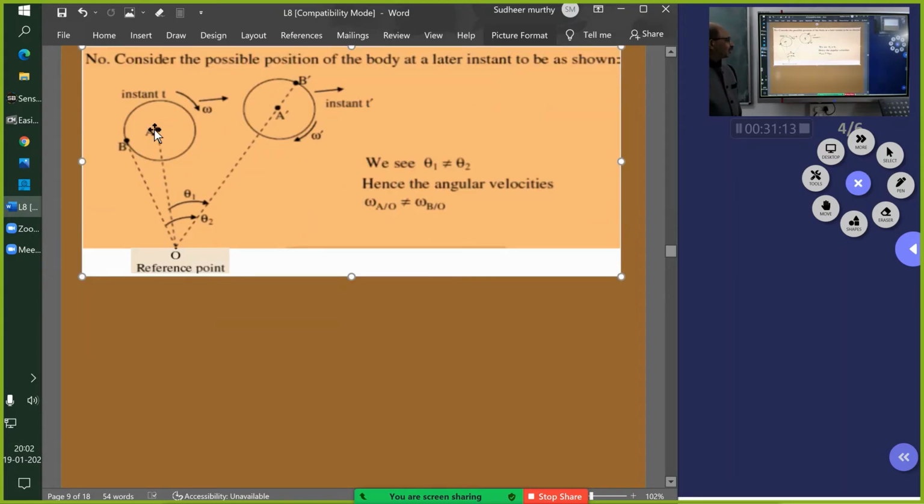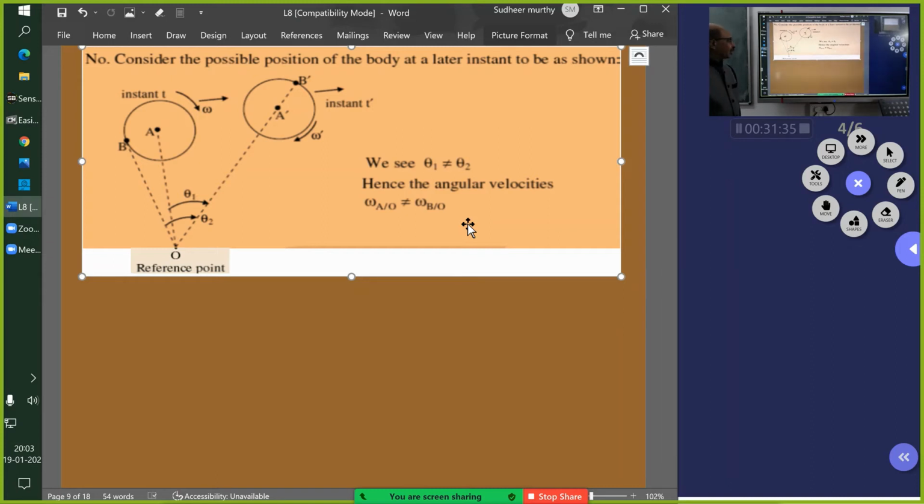So, will omega A with respect to O be equal to omega B with respect to O, equal to omega AB? For pure rotation about O, yes.